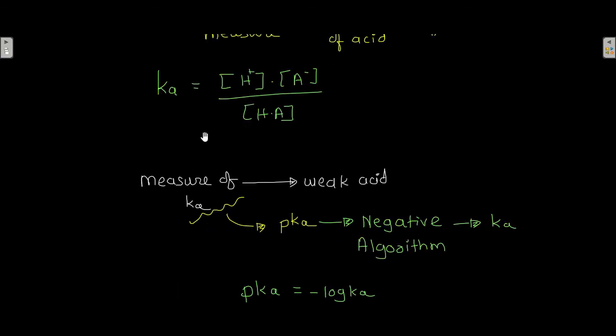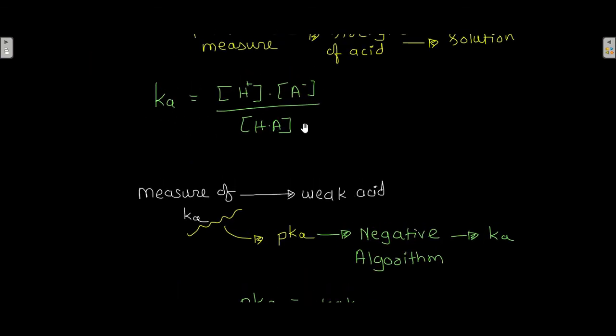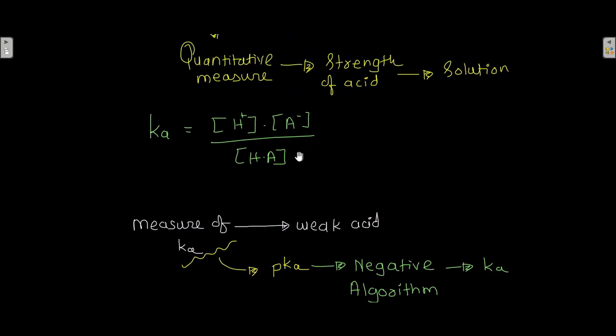This equation represents the acid dissociation constant Ka, which is equal to the concentration of protons times the concentration of the conjugate base divided by the concentration of acid. So if more protons are there, it means the acid is stronger. That we can conclude logically.